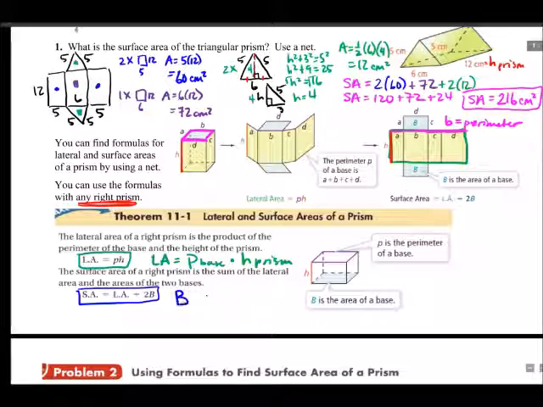And we have a new letter here. Big B is area of the base. And so keep big B separate. This is why it's so important to write your formulas accurately. We're going to have a lot of H's and a lot of B's, and they're all going to be different, so you need to keep them separately.